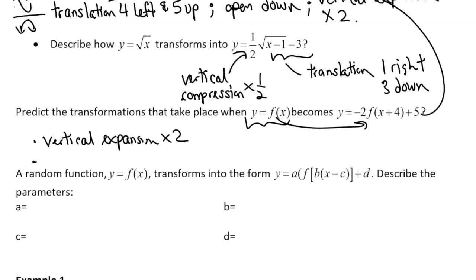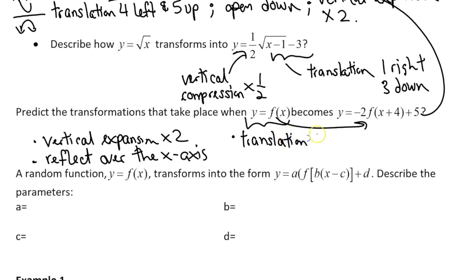So instead of saying opening down, we're just going to now say that we are going to reflect over the x-axis. And then finally, our translations are exactly the same. So we're going to say we will have a translation 4 left and 5 up.